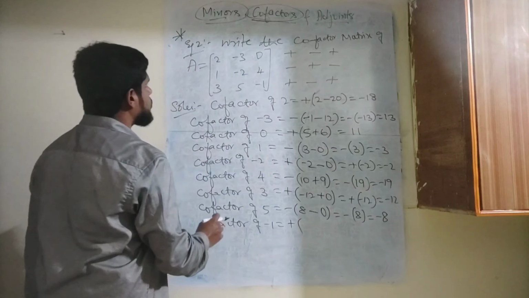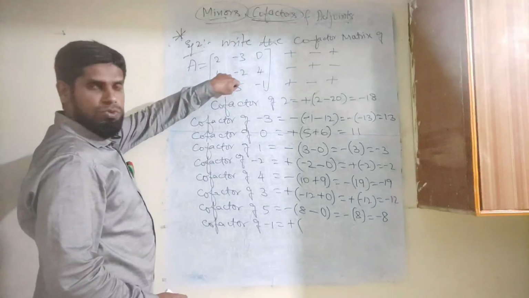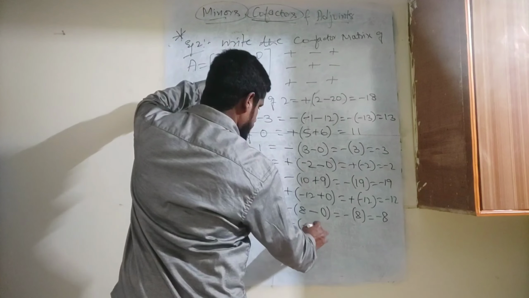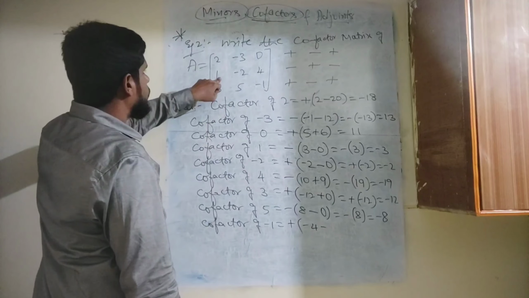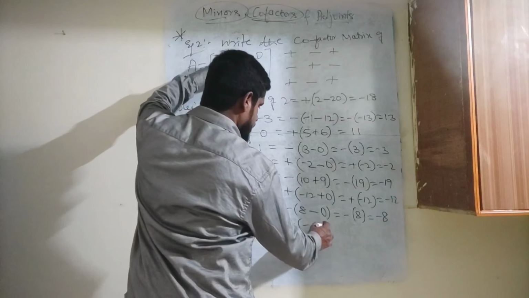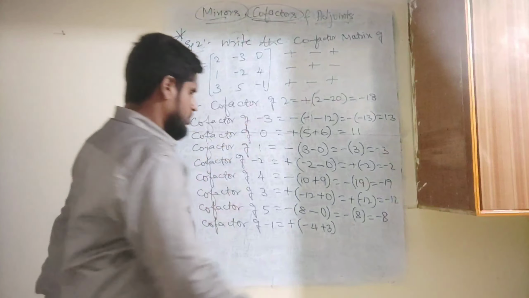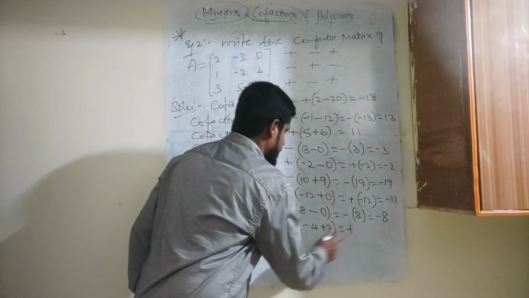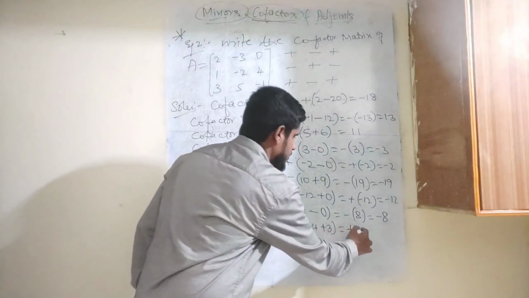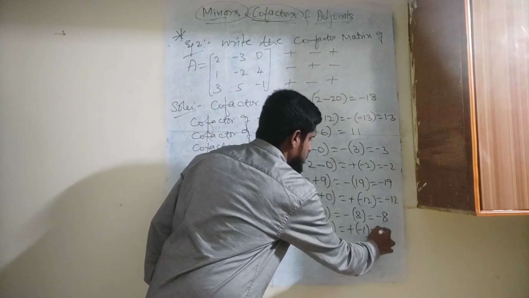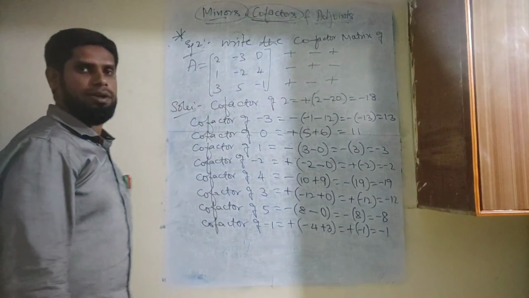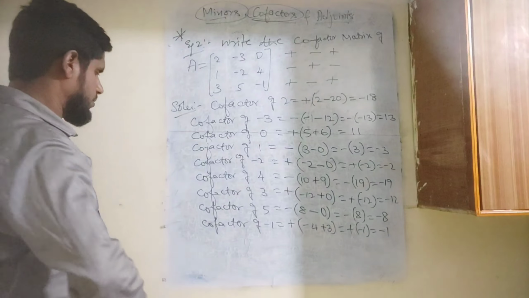So for this, 2 into minus 2 is minus 4, minus 1 into minus 3 is minus 3, so minus into minus, plus 3. So this is plus minus 4 plus 3, minus 1, plus into minus, minus 1.